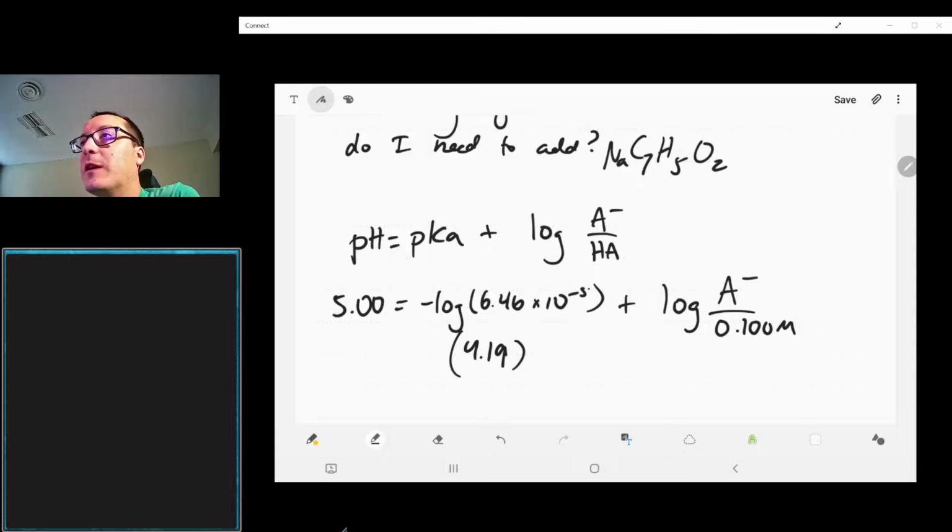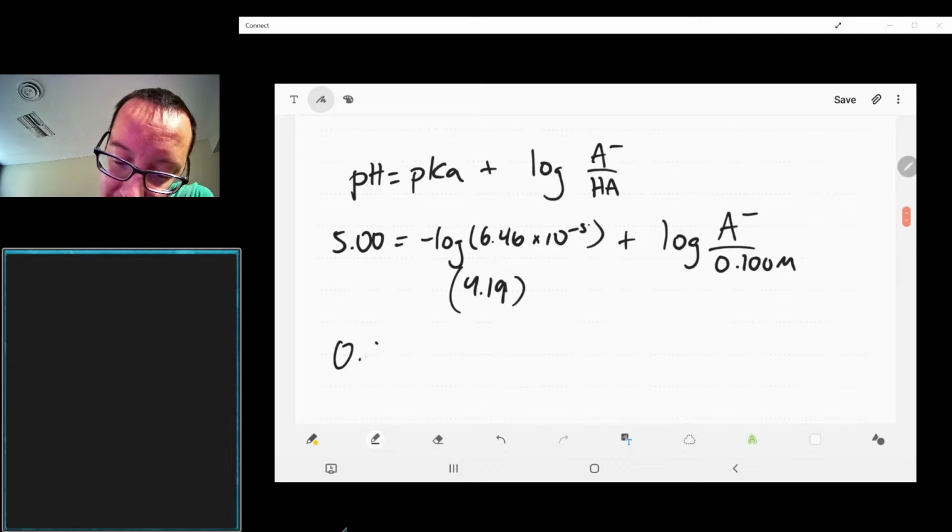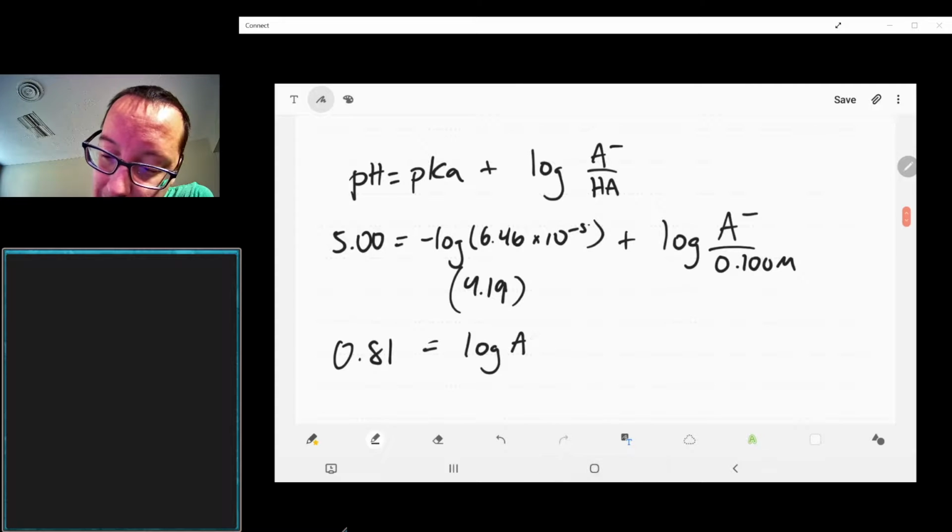And we know that we have our concentration of HA, our benzoic acid, and we're trying to figure out the concentration of A minus, right? So we know therefore that 0.81 will equal the log of A minus log of 0.1.